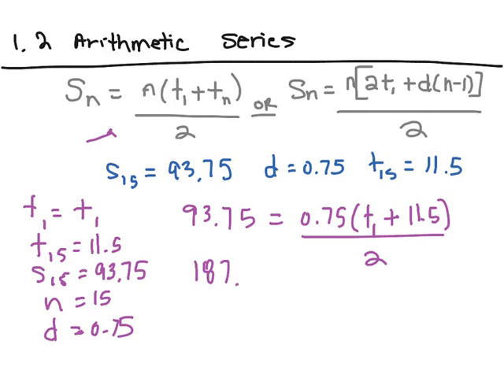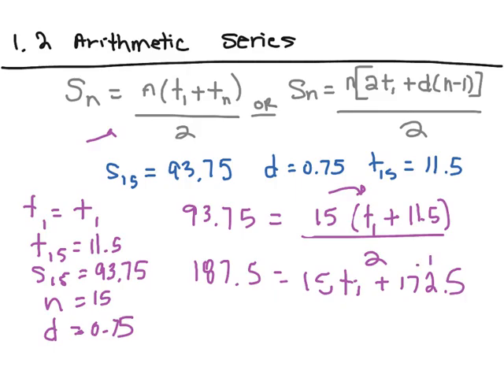So you have 187.5 is equal to 15 T1 plus 172.5. If we minus 172.5, we get 15 equals 15 T1. Divide by 15, and we get 1 to be our first term.